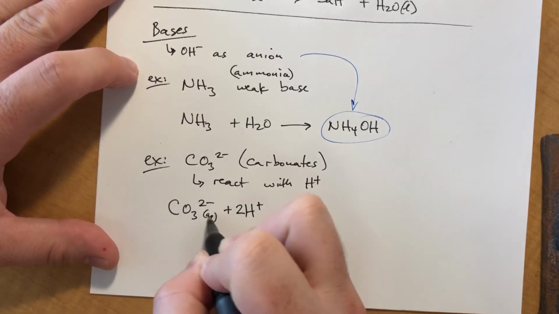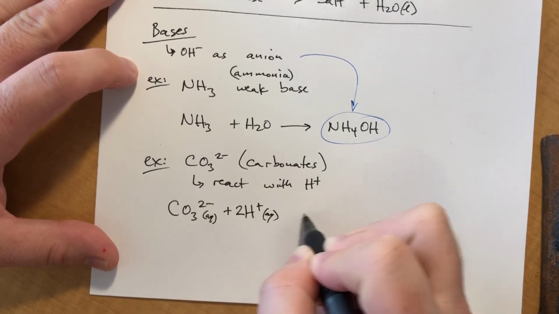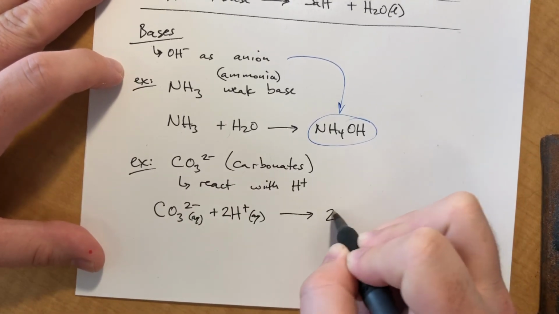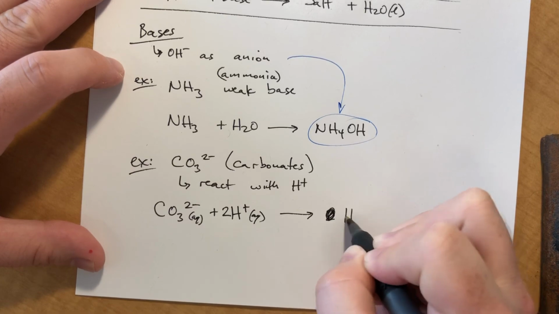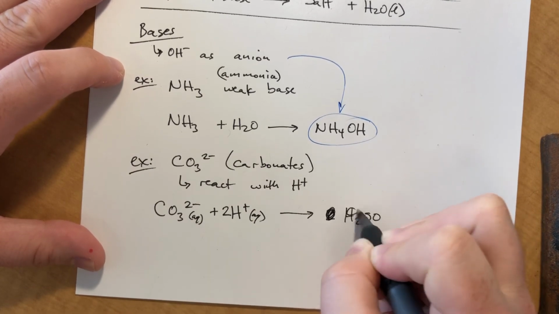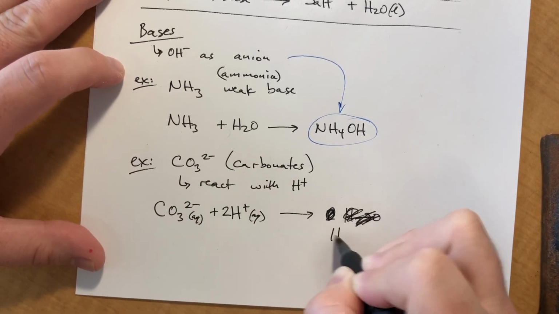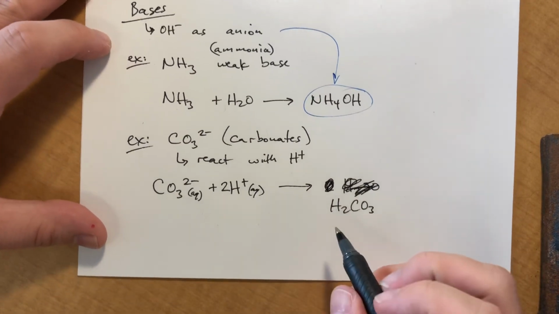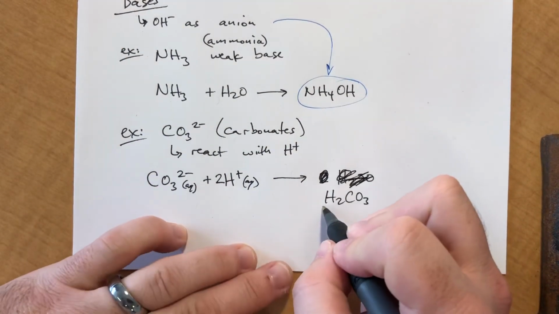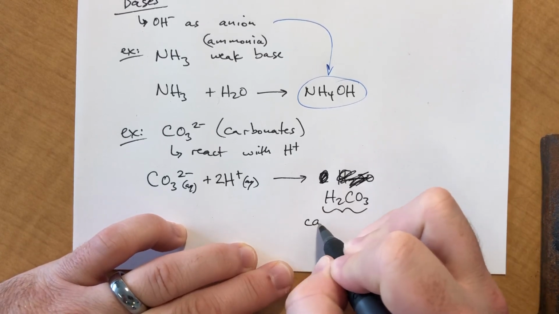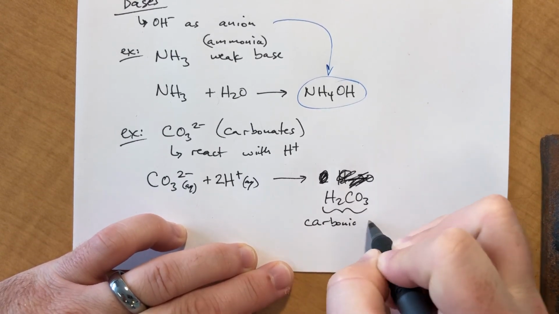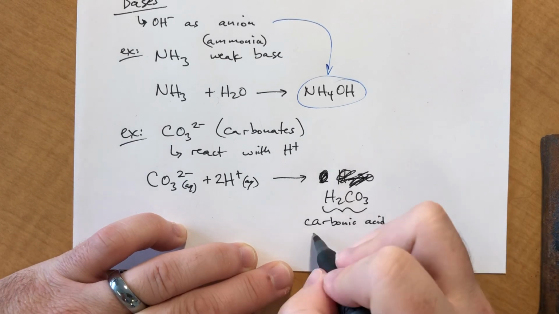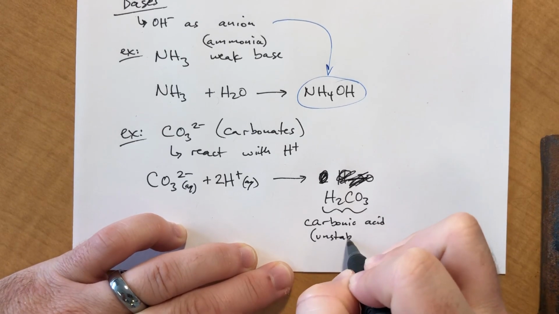This will be aqueous. This will be aqueous. What you'll end up with is H2CO3. This is actually an acid. This is called carbonic acid. It's really unstable.